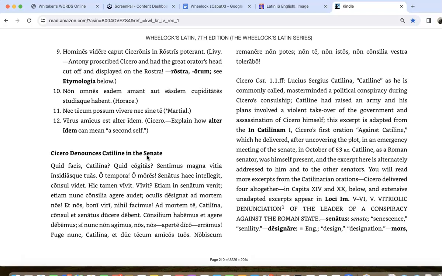Okay, fix that screen there. So Cicero denounces Catiline in the Senate. Again, they give you some additional commentary over here, including vocab, which I recommend that you take a look at. And again, I really encourage you to read it aloud to help you learn it.